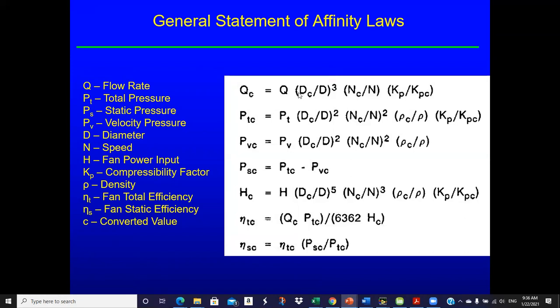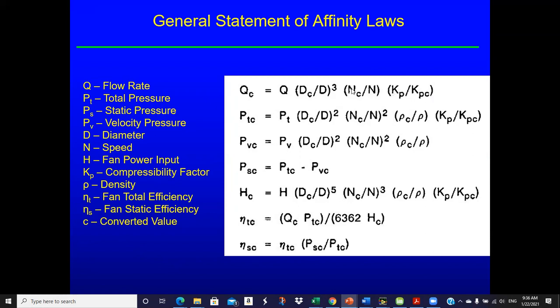So this is the diameter of the wheel. If the diameter of the wheel is not going to change, D corrected over D cubed is 1, so we get to ignore it. This is the compressibility factor. If we're not really changing the pressures much, then the ratio of compressibility factors is not going to change, so most of the time this drops out, or it's a pretty minor player.